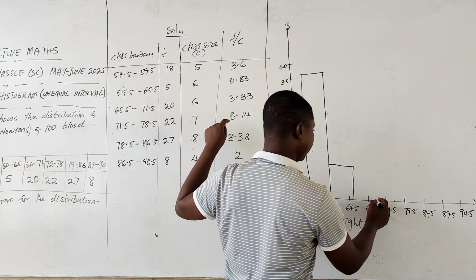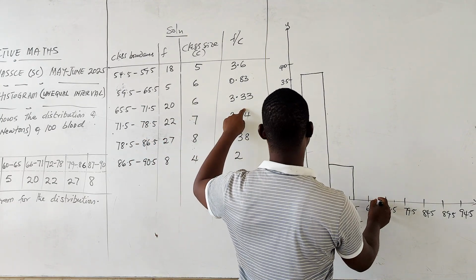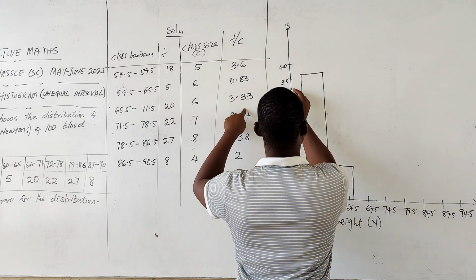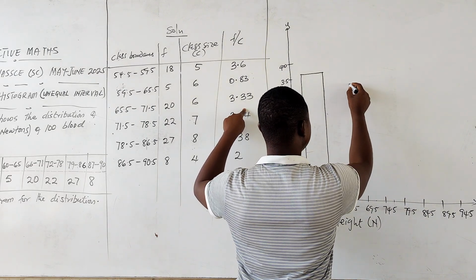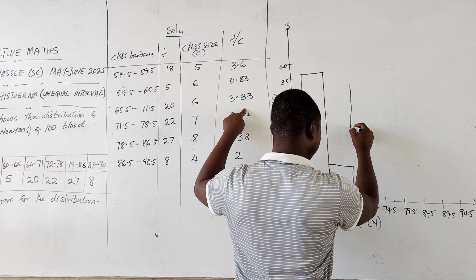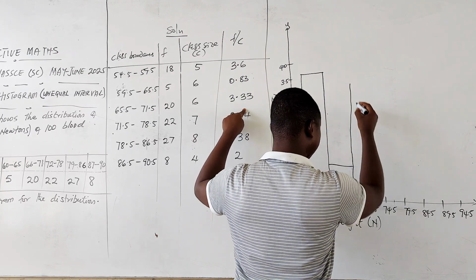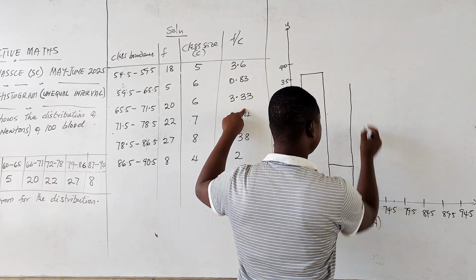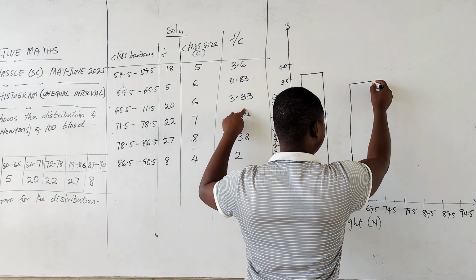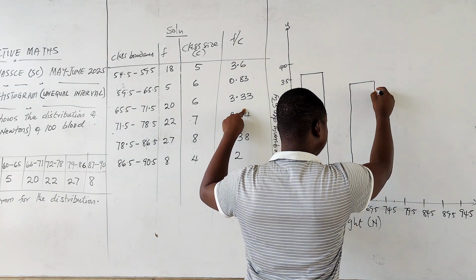The next one is from 65.5 to 71.5, and that one is giving us 3.3. 3.3 will be somewhere there. So we join this one.